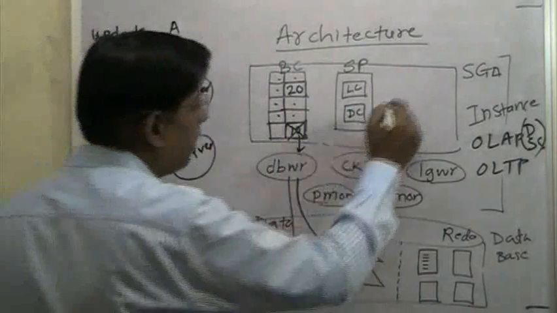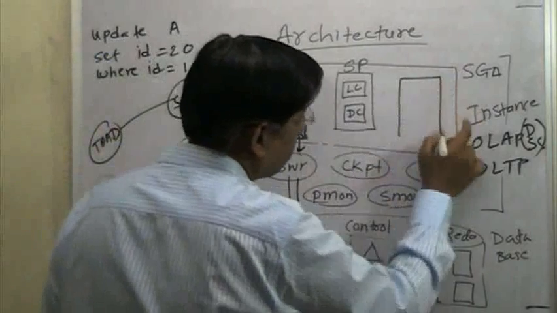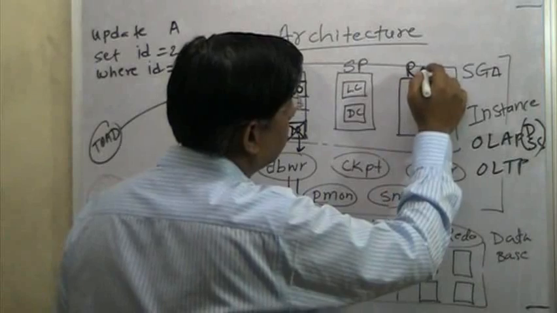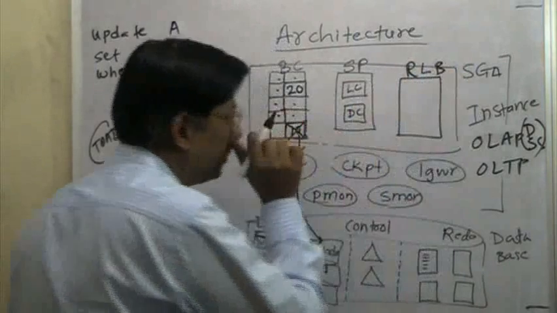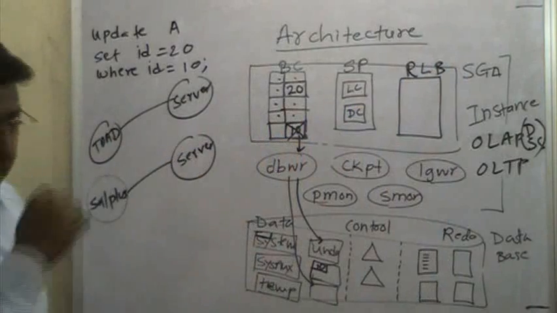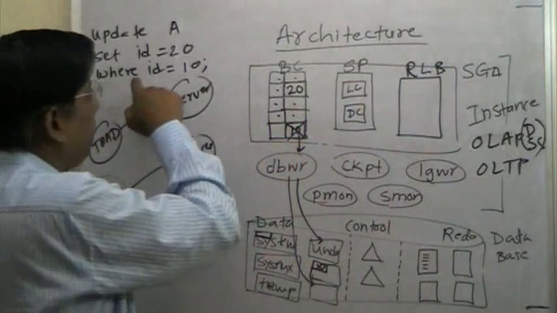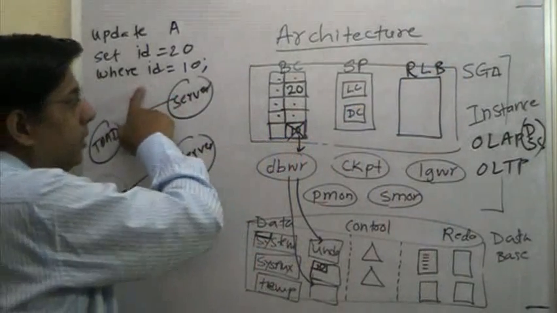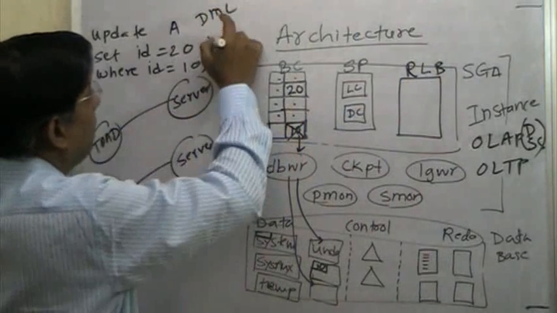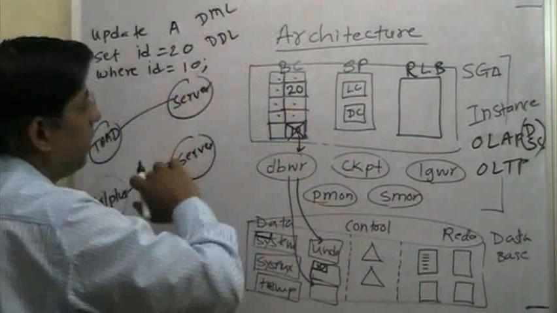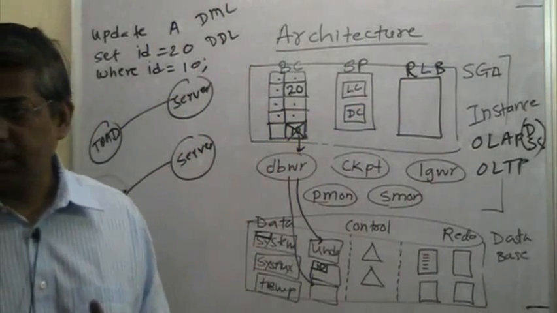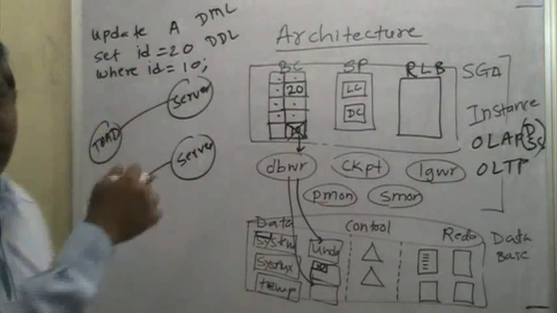So this is where I'm going to introduce another area. This is called the redo log buffer. What is the purpose of this? The moment an update statement, any kind of DML or DDL is written, not just a select statement, because a select statement does not change any data.